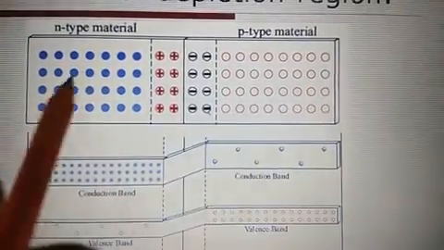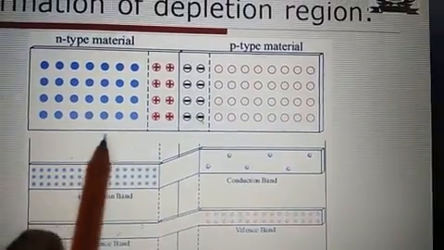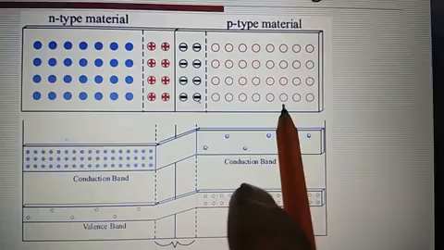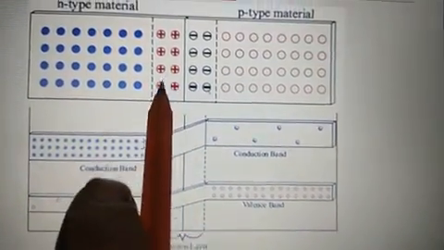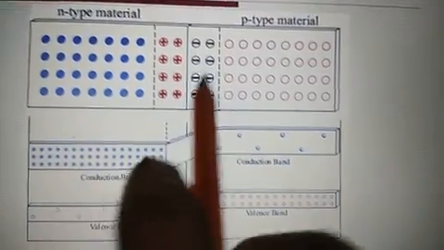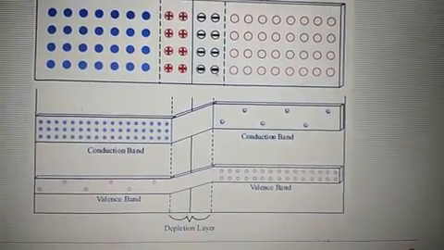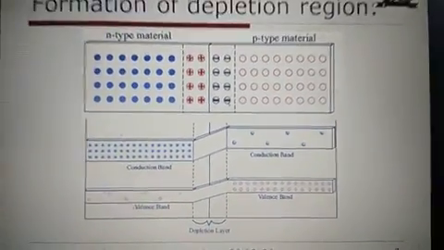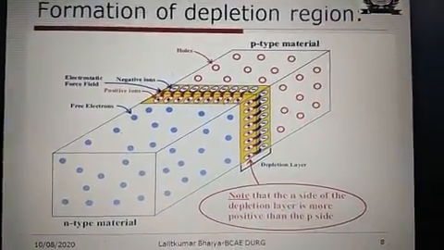Depending upon the concentration of holes and electrons in the n type and p type, this can be done. And this depletion layer has a very small amount of fixed ions. So this is the width shown for the depletion layer. The formation of this depletion layer is very important.